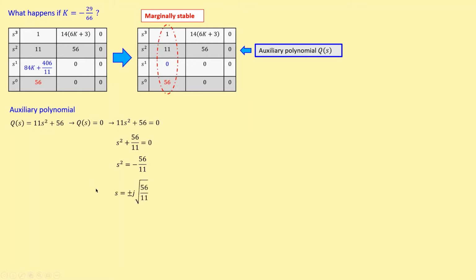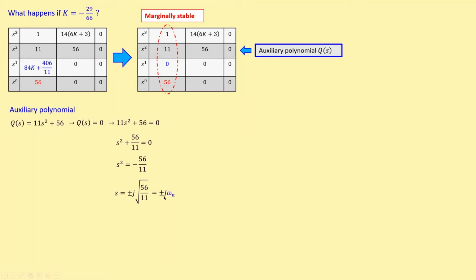And now s will be plus or minus j times the square root of that one. It is j because we have the square root of minus 1, which is taken out of the square root. This is a pure imaginary solution. This is also called omega n, the natural frequency. So this is plus or minus j omega n.